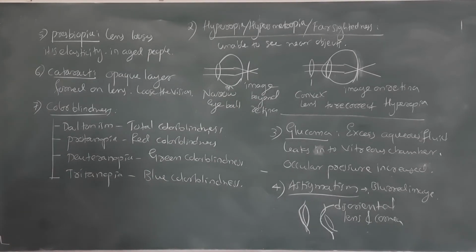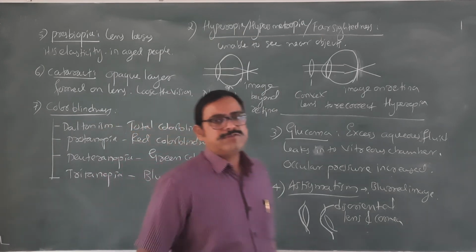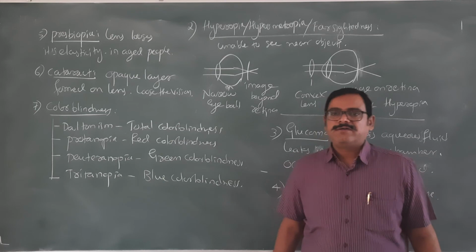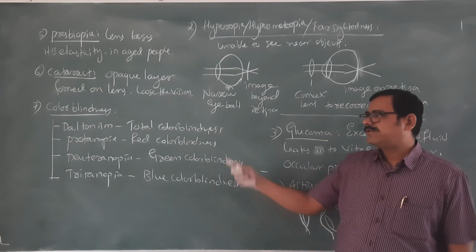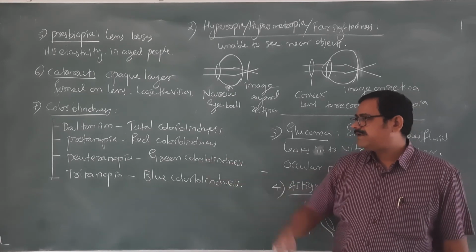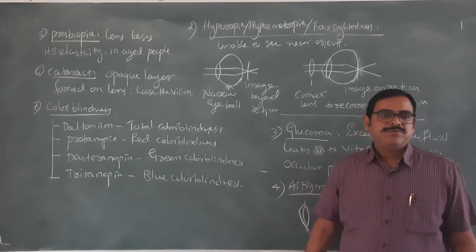In presbyopia, the lens loses its elasticity and cannot contract or relax, so the person needs spectacles, mainly aged people. Cataract is a condition where a proteinaceous layer forms on the lens and becomes opaque, losing its transparency, so there is no image formation and he may become blind. Color blindness is of four types: daltonism, total color blindness; protanopia, red color blindness; deuteranopia, green color blindness; tritanopia, blue color blindness.